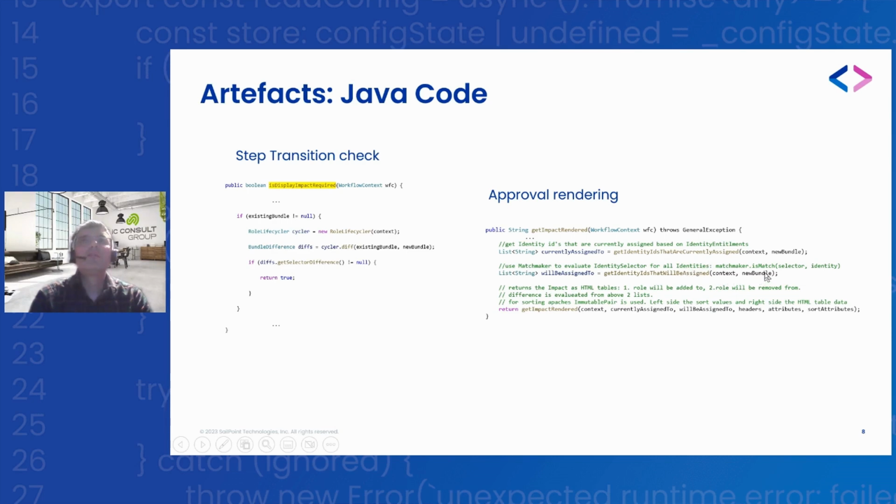And here we use the matchmaker with its method isMatch, so that we have a list of all the identities that should get the role with the new changes. And then we prepare the output with the two HTML tables. The first HTML table shows the identities which will get the role, and the second HTML table shows which will lose it. And the sorting of these tables is done with Apache's ImmutablePair implementation.